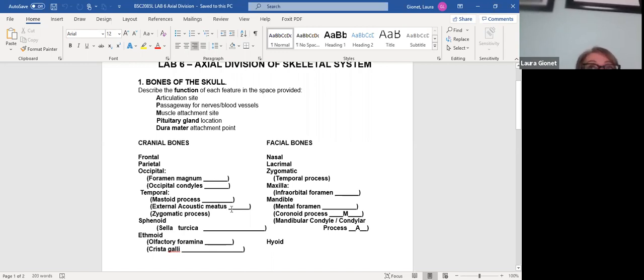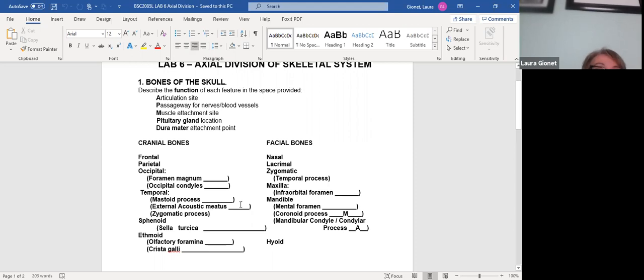And it's a canal through bone, so we call it a meatus or a canal. Meatus is technically when there's epithelial tissue found there, the integumentary, and the different glands there. But anyways, it's called the external acoustic or auditory meatus. Therefore, it is a passageway, so we will put P for passageway.